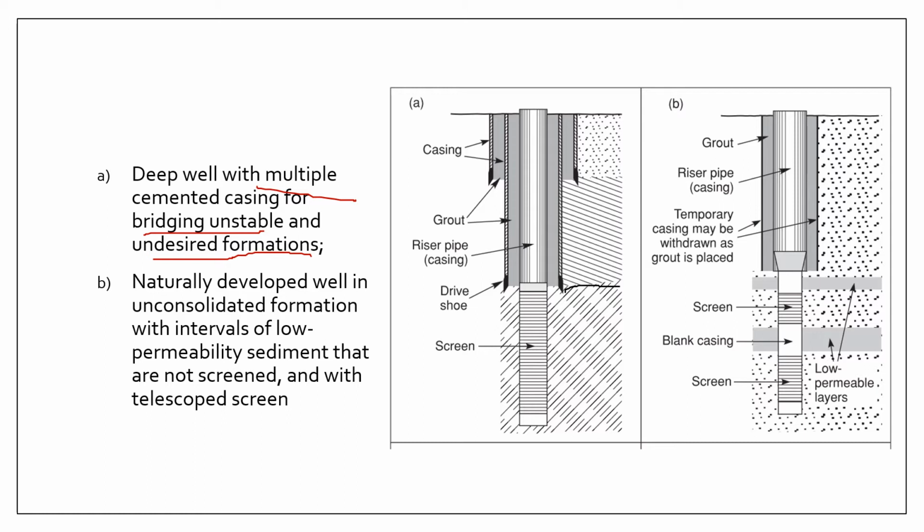Now we have here an alternating sequence of sand and low permeability layers, like let's say clay and silt. And what we typically do is install a screen that is open at different intervals, such that the screen is only open in the water bearing layers. There are many reasons for doing that.